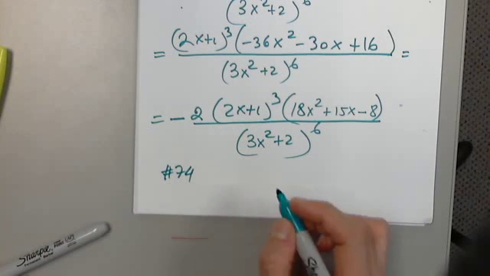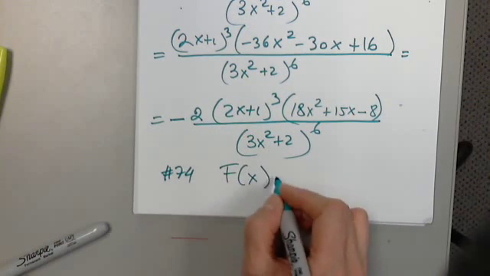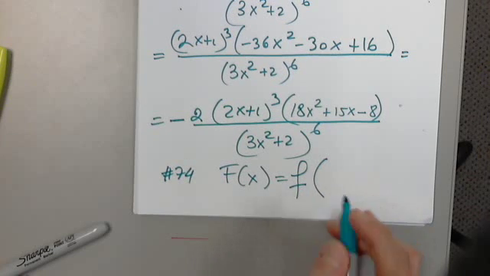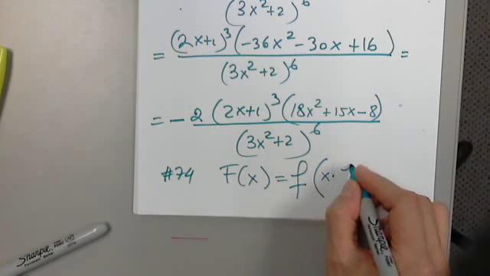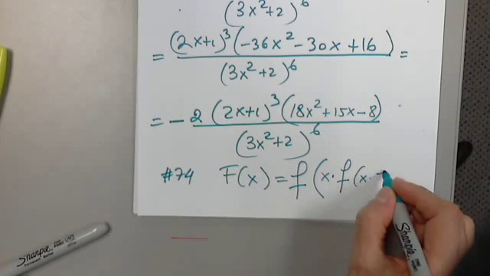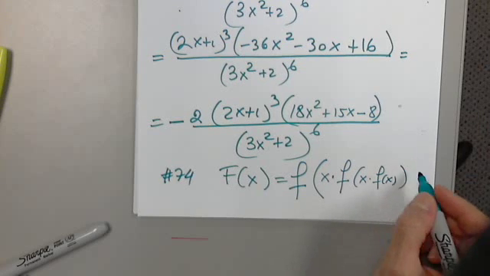In 74, we are given a function which is denoted by uppercase F, which is another mess. It's F of x multiplied by F of x multiplied by F of x.